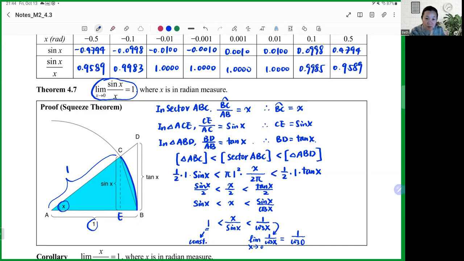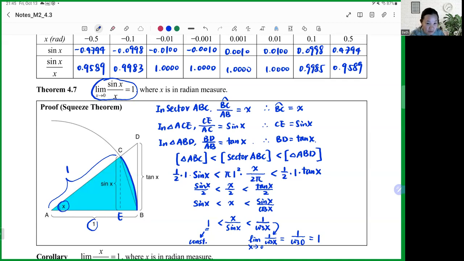Remember that in the first lesson, we discussed the easiest limit that you can look for. That is the limit of a continuous function, and we can just find it by substitution. And cosine 0 looks suspicious, but cosine 0 is actually 1. So in this case, 1.